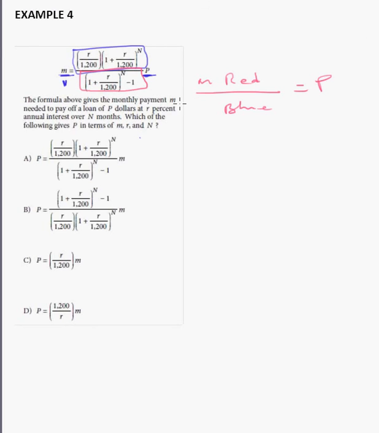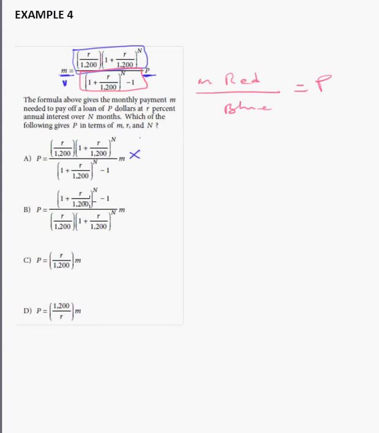So let's go and see which of them actually represent what we're looking for. So when I come back into this, I have my M sitting somewhere here. This is M. And what is my red? My red is all these things somewhere here. My red is 1 plus R over 1200 to the power N. So obviously it's not this one.